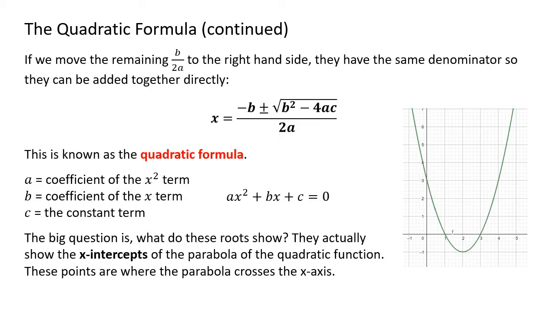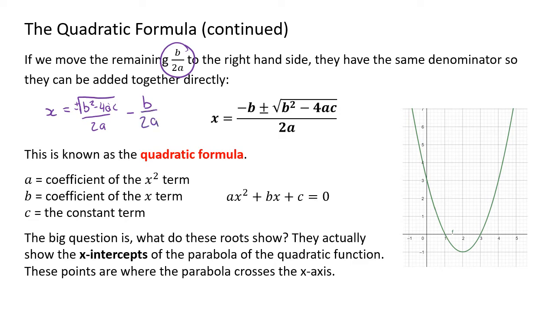Our last step would be to combine those, and we do that by bringing the b over 2a term to the right-hand side. So x is equal to plus or minus the square root of b squared minus 4ac, divided by 2a, minus b over 2a.